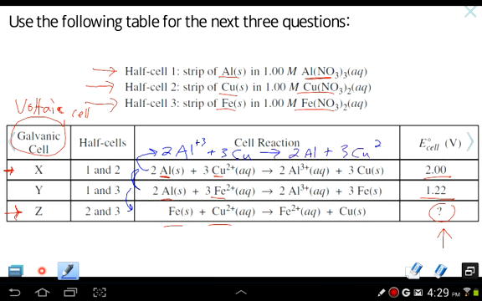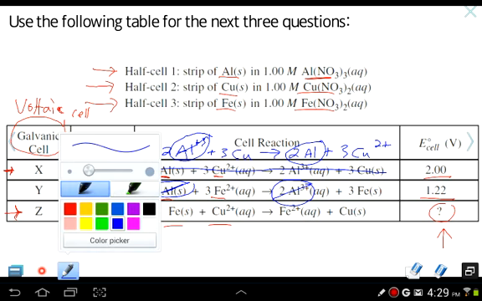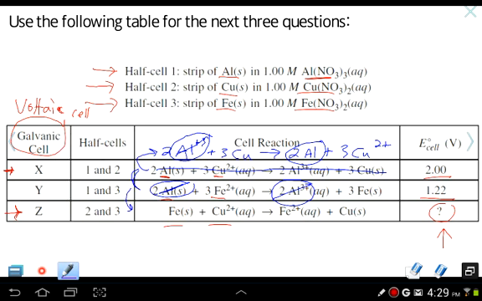So I've just rearranged this equation. And now you'll see the aluminum will cancel out with the aluminum, and this aluminum will cancel out with this aluminum. And notice what we'll end up with is 3 coppers on the left side, copper 2+ on the right side, and that is not what we want, is it?